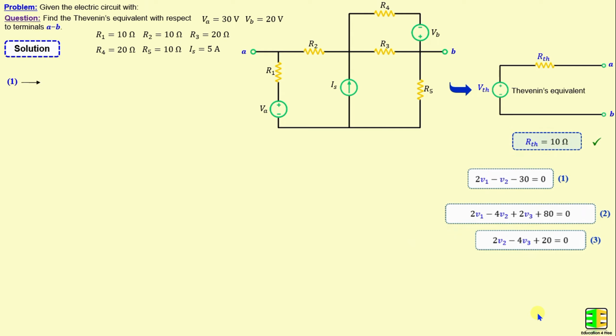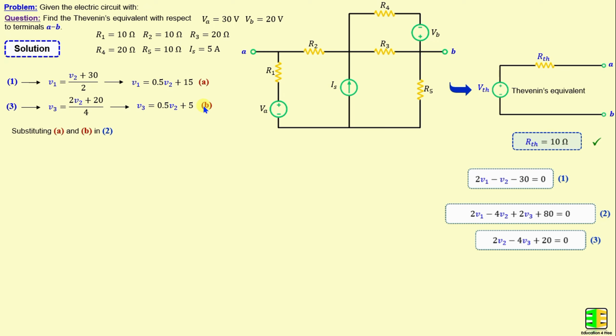Now from equation 1, we can write V1 in terms of V2. That means V1 is equal to 0.5 times V2 plus 15. And from equation 3, we can write V3 in terms of V2. That means V3 is equal to 0.5 times V2 plus 5.